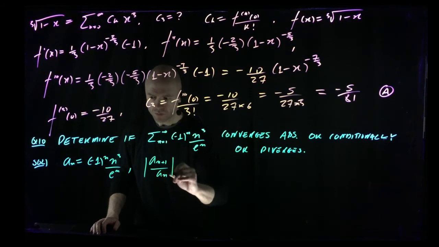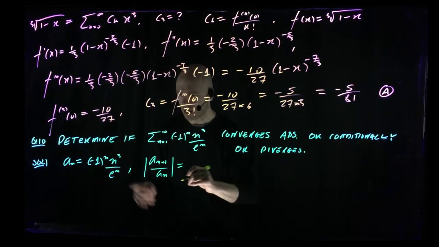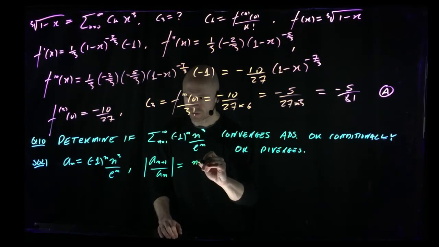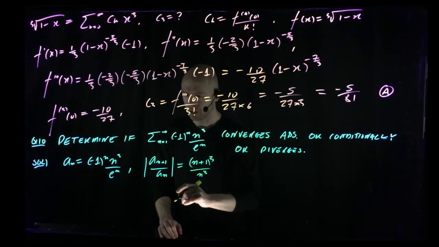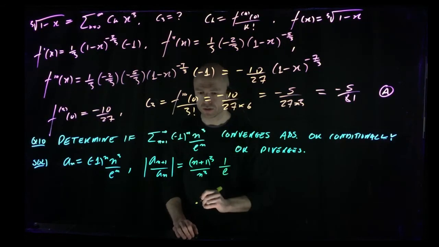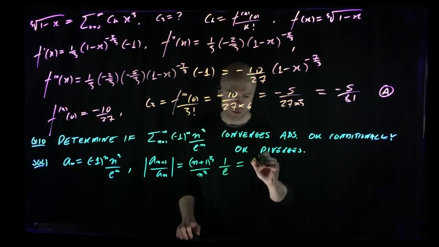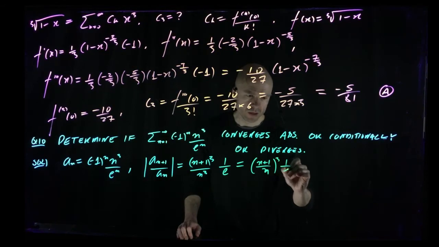and what happens? The minus 1s we don't care about. What we're going to have on the top is (n+1)^3 over n^3, and we're just going to have 1 over e, right? Which is the same as ((n+1)/n)^3 times 1/e.